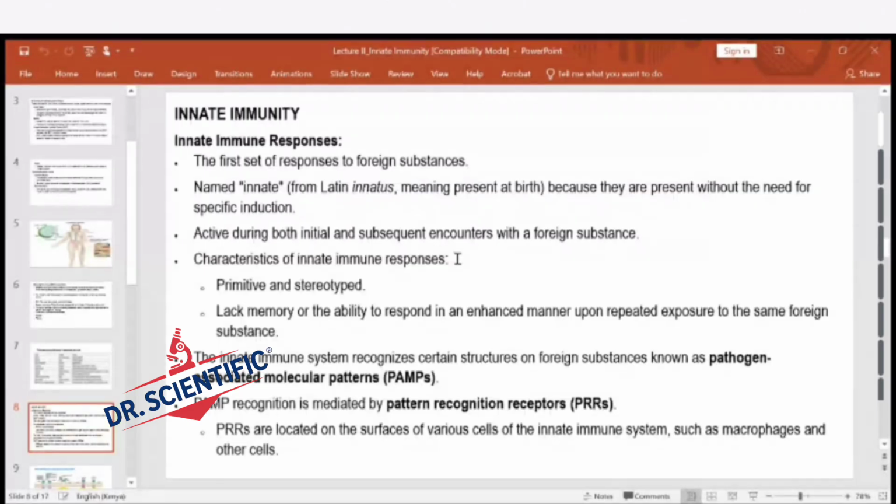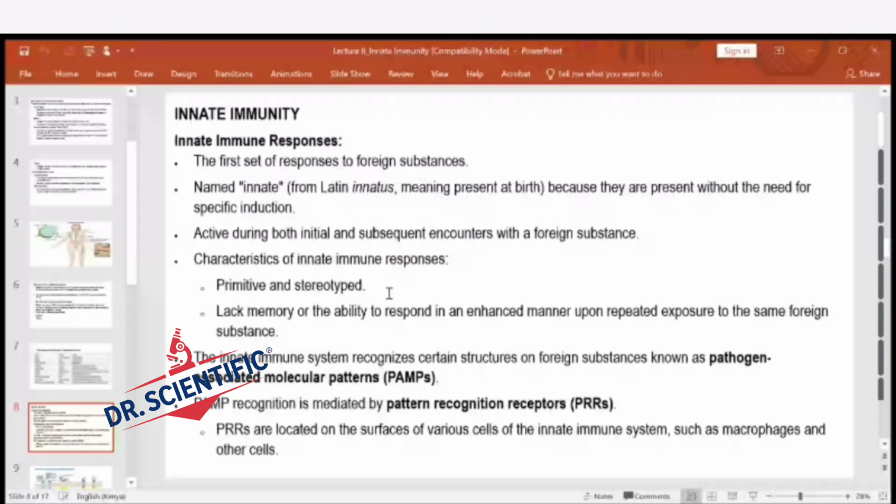And characteristically, they are primitive and stereotyped. We are saying primitive because they have not specialized to focus on a specific antigen or on a specific invader. They are still primitive and stereotyped. So they deal with a big array of bacteria, a big array of fungi, a big array of whatever it is.